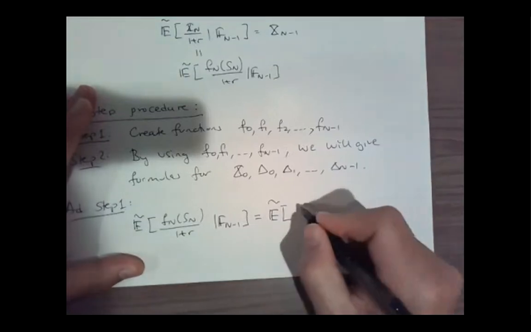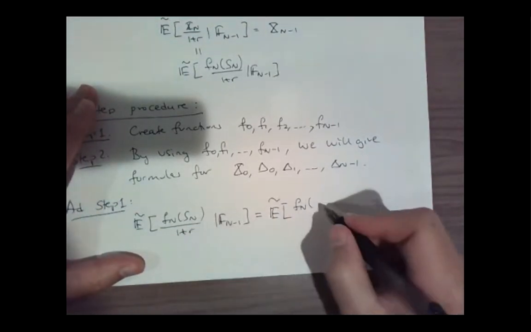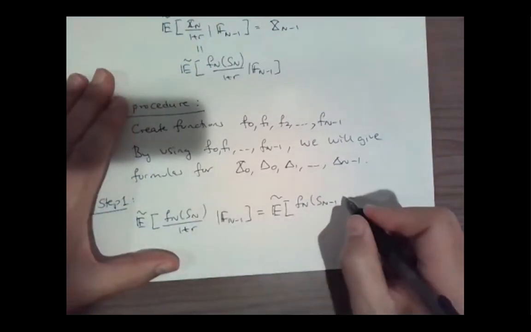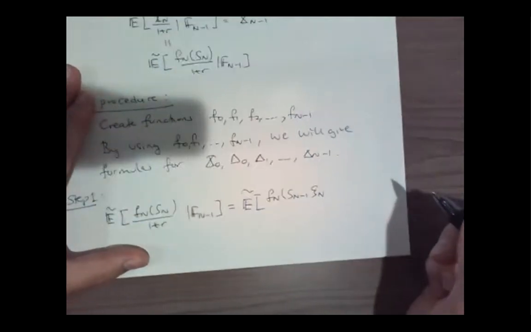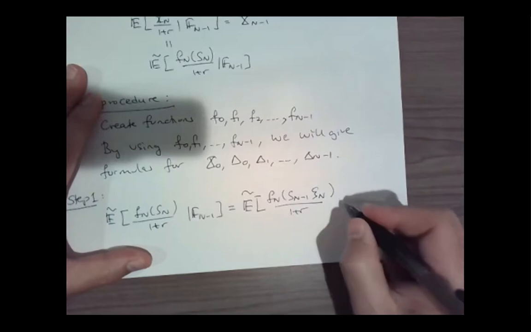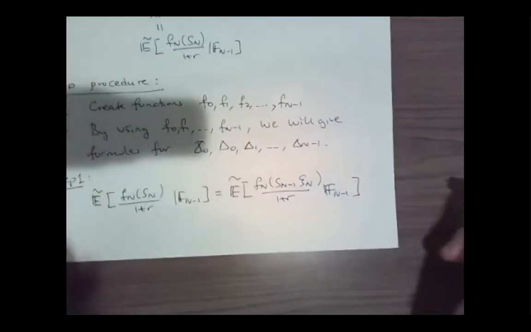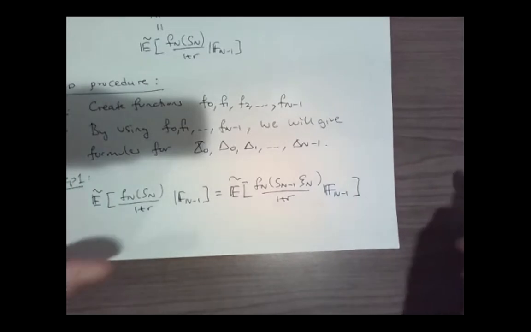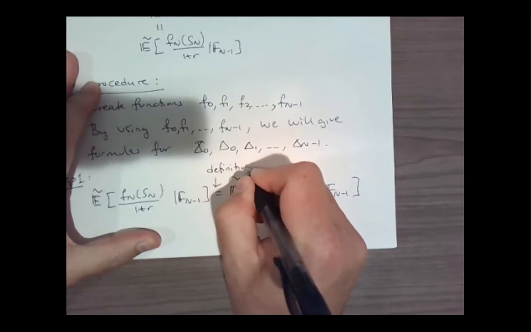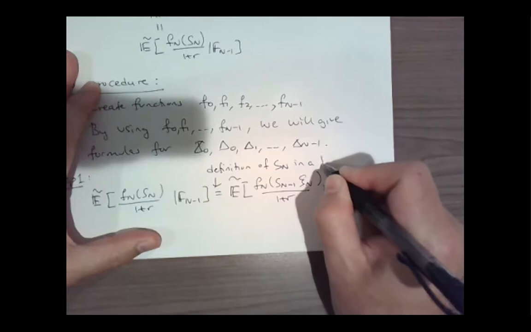We'll use the binomial model. In the binomial model, the stock price at a given time is equal to the previous stock price times the coin flip. This is the definition of S_N in a binomial model.